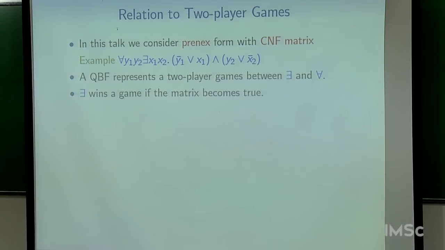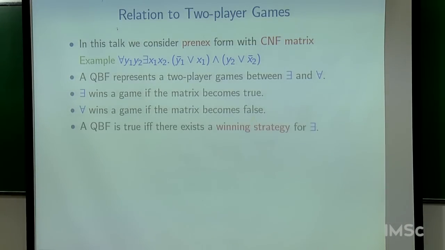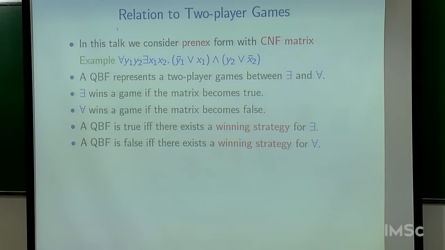The existential player is trying to win by making the matrix true, and the universal player is trying to win by making the matrix false. It turns out that a QBF is true if and only if there exists a winning strategy for the existential player. Likewise, a QBF is false if and only if there exists a winning strategy for the universal player.